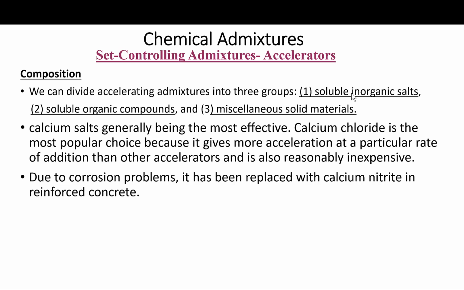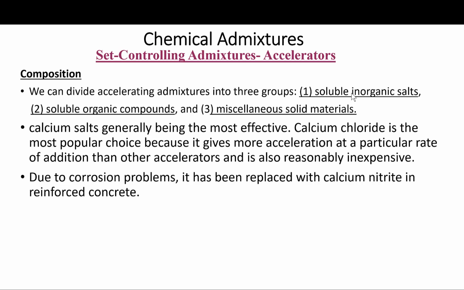Many soluble inorganic salts will accelerate the setting and hardening of concrete to some degree, with calcium salts generally being the most effective. Calcium chloride is the most popular choice because it gives more acceleration at a particular rate of addition than other accelerators and is also reasonably inexpensive.